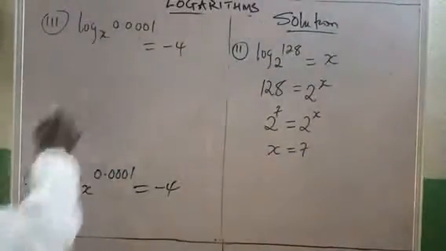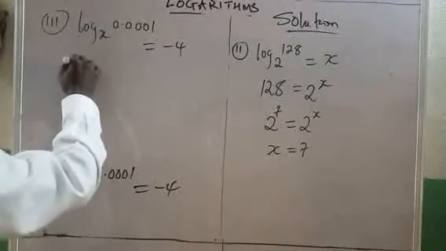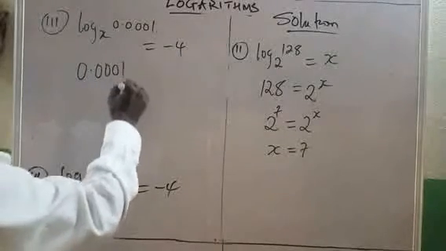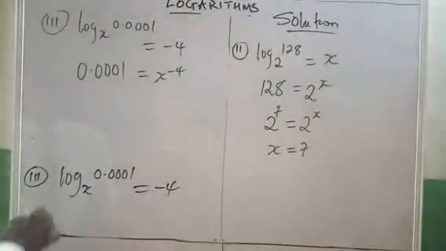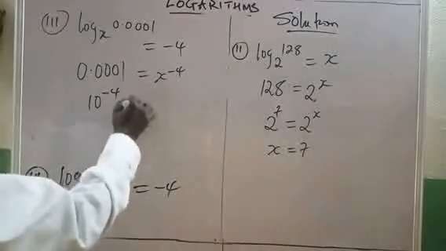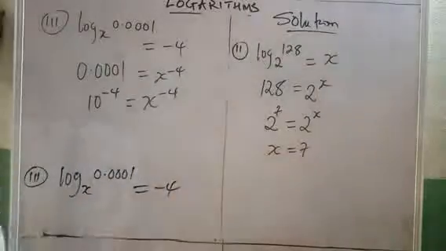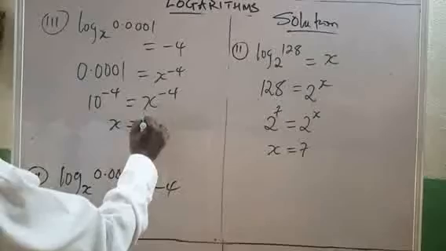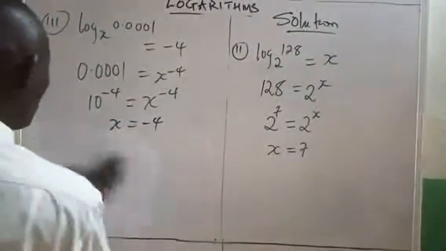So let 0.0001 be equal to x raised to the power of minus 4. This one is the same thing as 10 raised to the power of minus 4 will be equal to x raised to the power of minus 4. So x will be equal to what? Equal to 10.